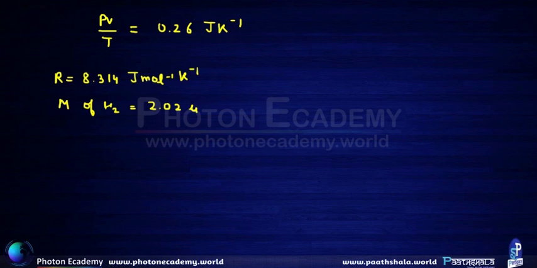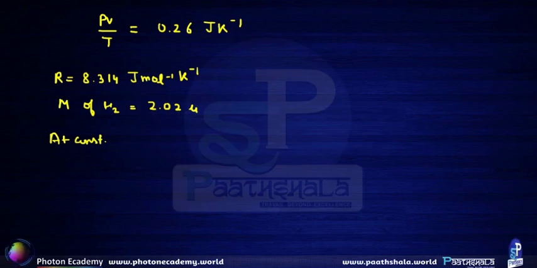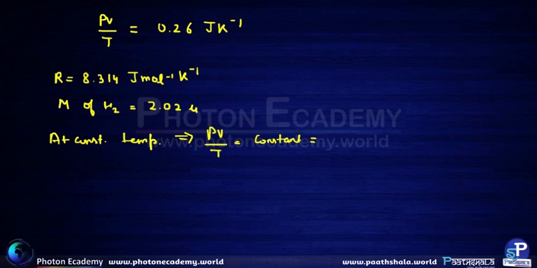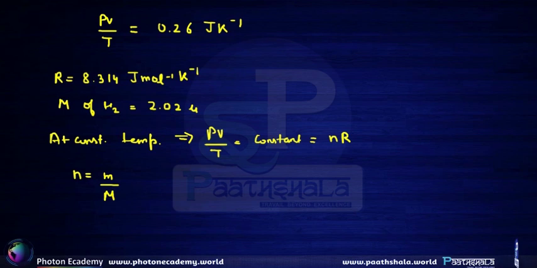So at constant temperature, PV by T is constant, and we know that this value is equal to nR. So nR will be constant, and we know that n is equal to small m upon capital M. Here small m is the given mass and capital M is the molar mass. So m is the mass of hydrogen which we have to calculate.